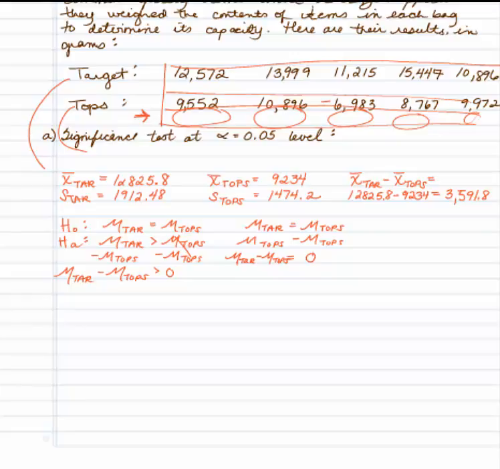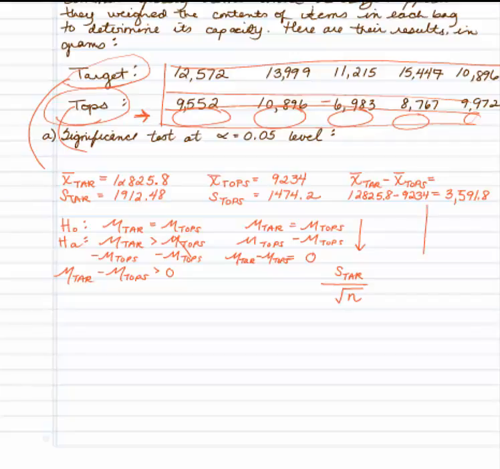And also, the standard deviation doesn't work at all when you do it like this, because you're not taking into account that you tested Target 5 times and you tested Tops 5 times. You can't just use the standard deviation in these, because the standard deviation of the difference, or when we're putting it into this difference, you actually have to do, to find the standard deviation, you have to do standard deviation of Target divided by the number of times you tried the bag, the amount of trials you did.